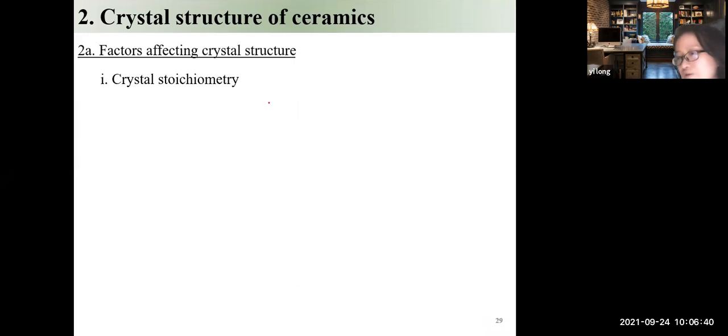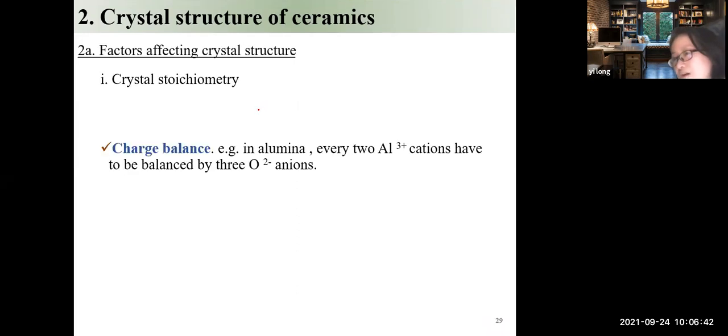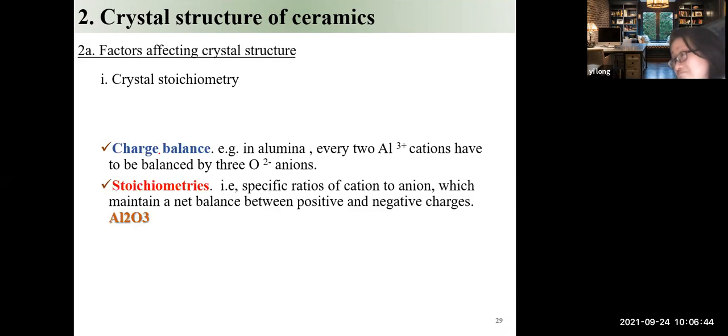So the first one is very straightforward. I think everyone knows, right? The keyword is what? Charge balance, right? This is a universal rule. You have to have a charge balance. Like alumina, you have 2 Al 3 plus cations that have to balance with 3 oxygen 2 minus ions. So the stoichiometry is the specific ratio of cations to anions, which maintains a net charge balance.